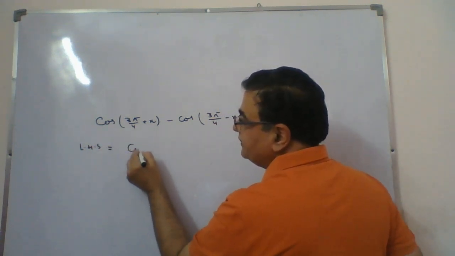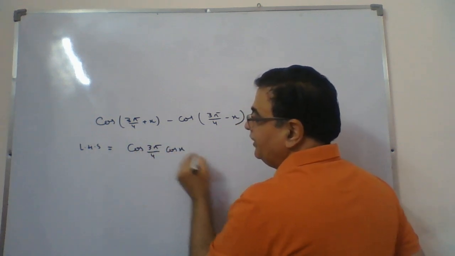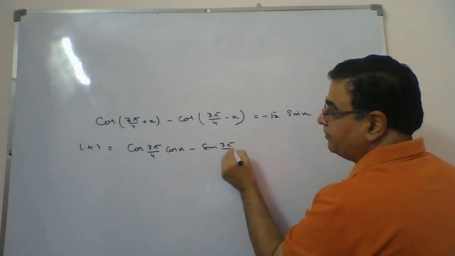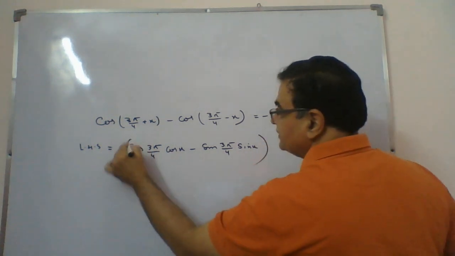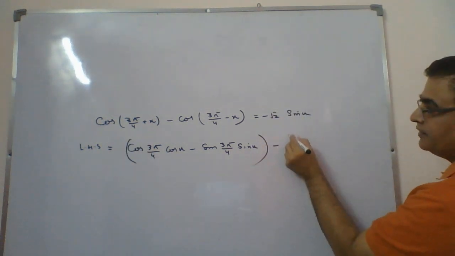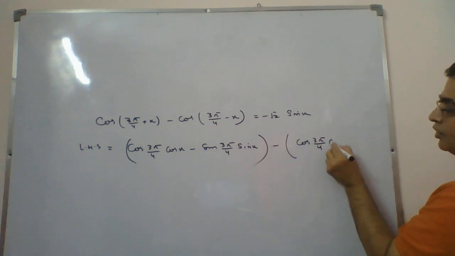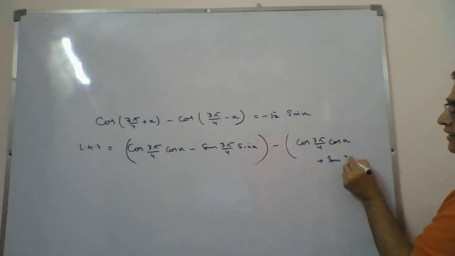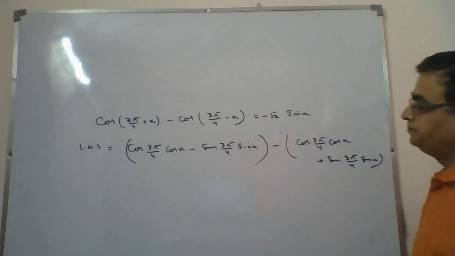This formula says cos 3 pi by 4 cos of x minus sine 3 pi by 4 sine of x. This is the first part. Minus this will be cos 3 pi by 4 cos of x, then plus sine 3 pi by 4 sine of x.